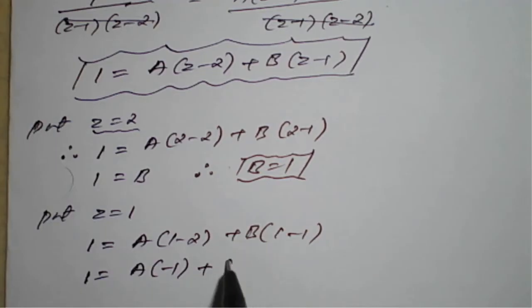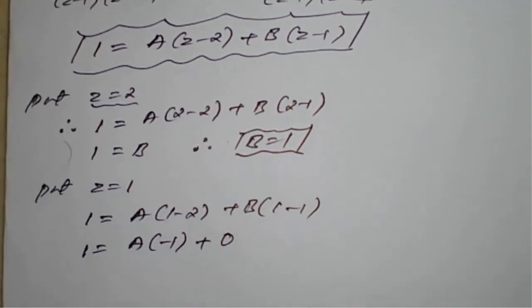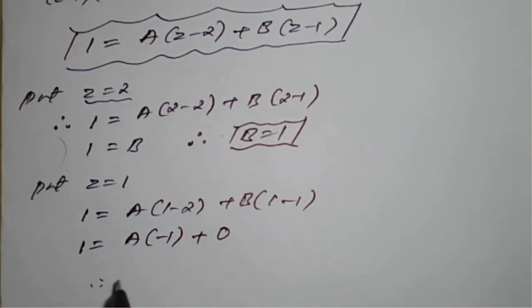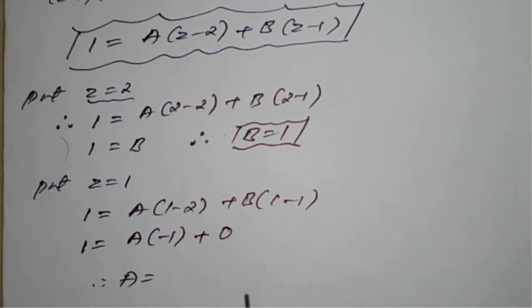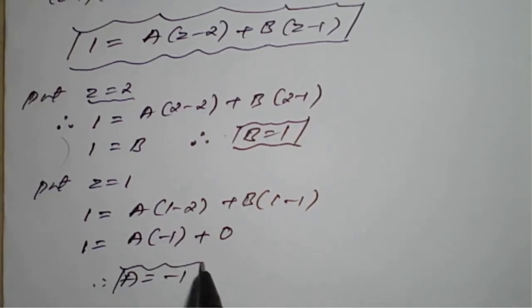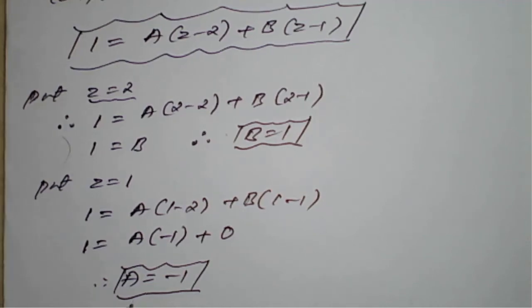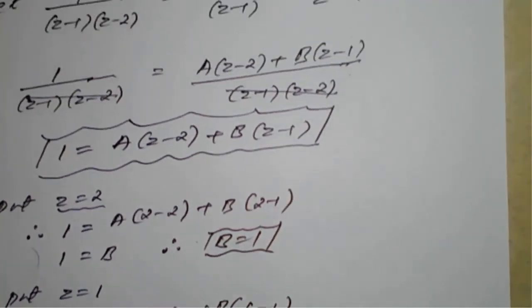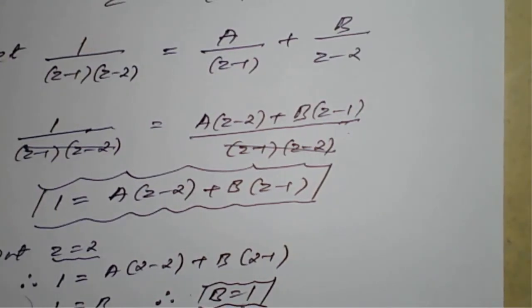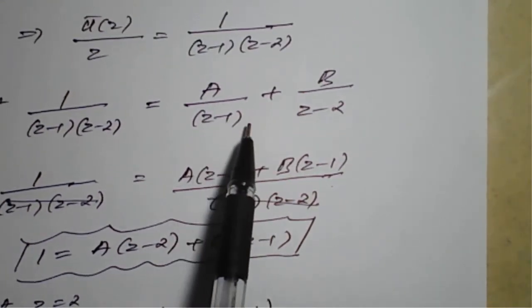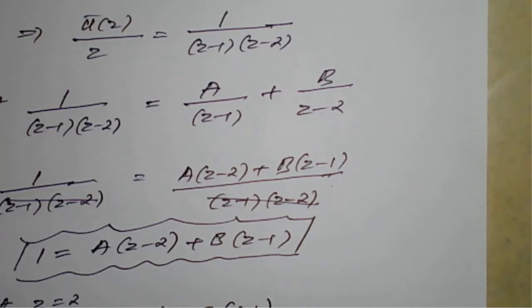On simplification, 1 is equal to a into (minus 1) plus b into 0, and 0 into b is 0. Therefore the value of a is minus 1. This value of a equal to minus 1 and value of b equal to 1 we will put here, so that we can go forward with the further steps.